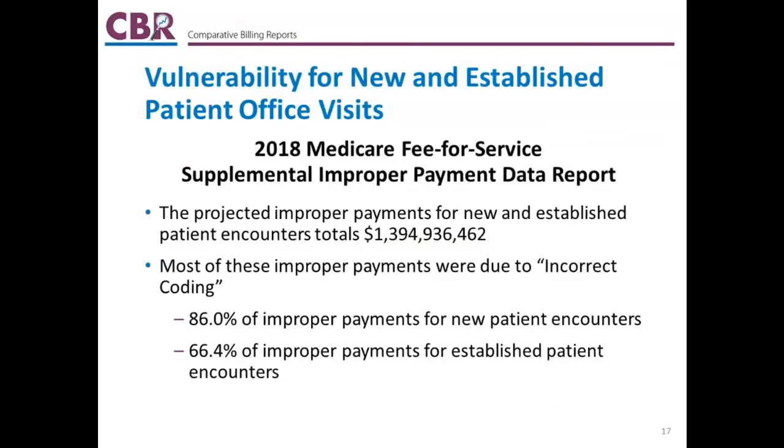For both new and established patient encounters, the largest percentage of errors were due to incorrect coding. Looking even closer at the projected improper payments due to incorrect coding, we can see 86% for new patients and 66.4% for established patients were due to incorrect coding.